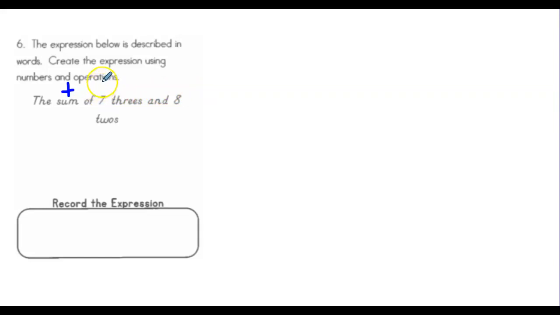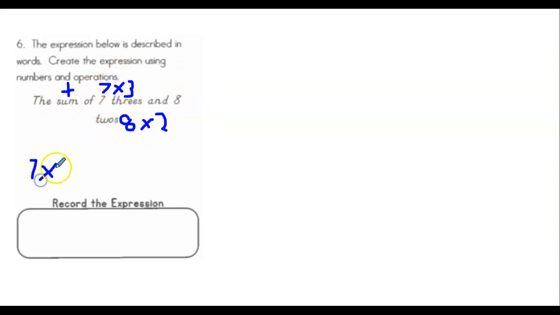I don't have room to write 7 threes here. So I'm going to do 7 times 3. And then it has 8 twos. So I'm just going to do 8 times 2. So now, how can I write this so that I have the sum of these?